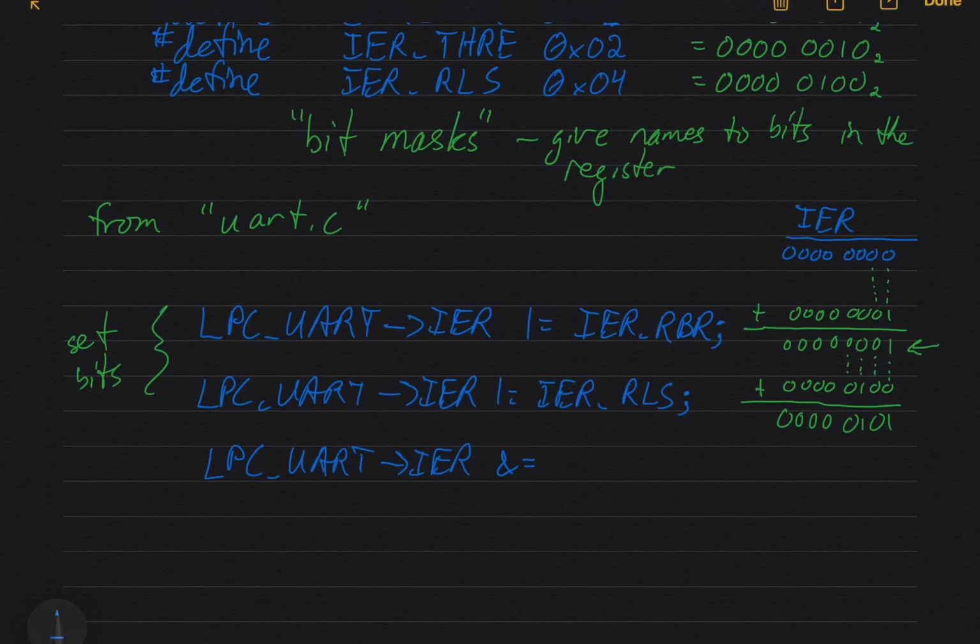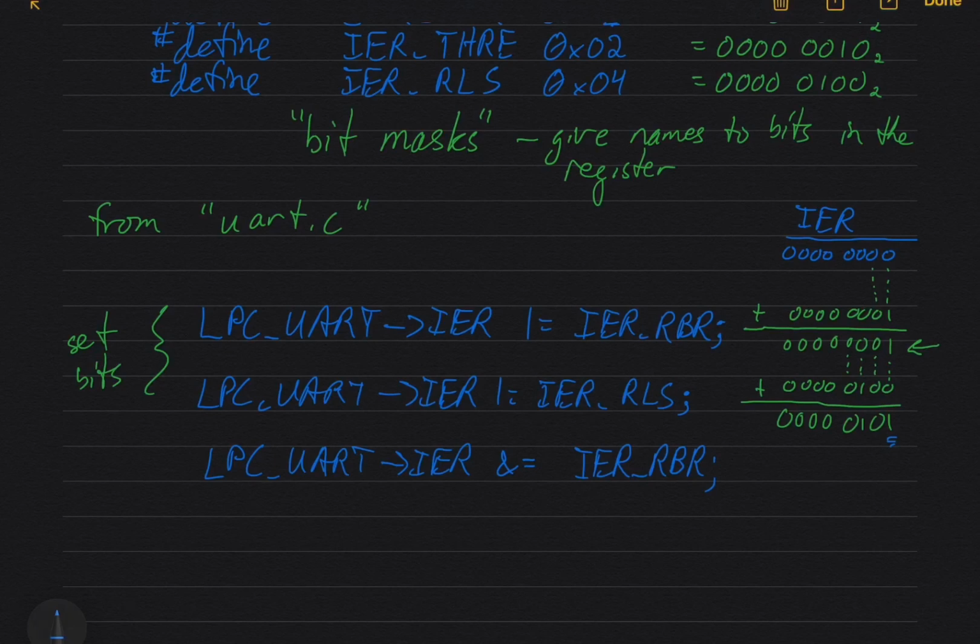Well, okay, let me write this out first: IER_RBR. If we want to clear that particular bit, we want to set this bit here to a 0. If we do AND equals with that, we're actually just going to get all zeros with a 1 at the end, which is not what we want.